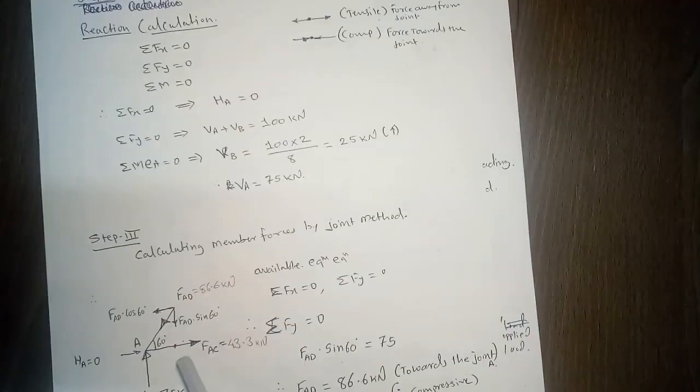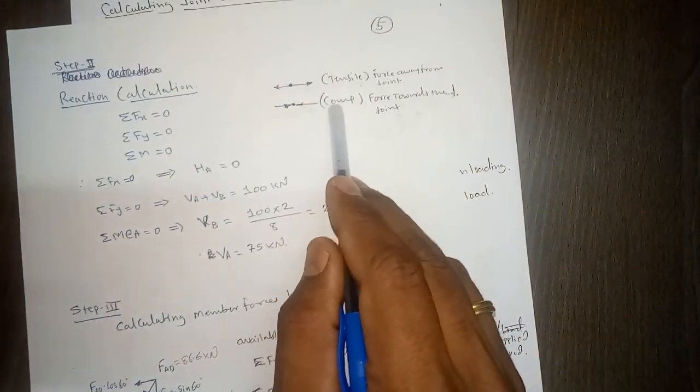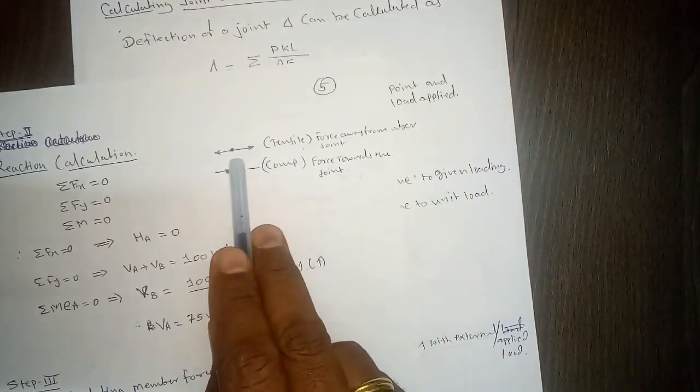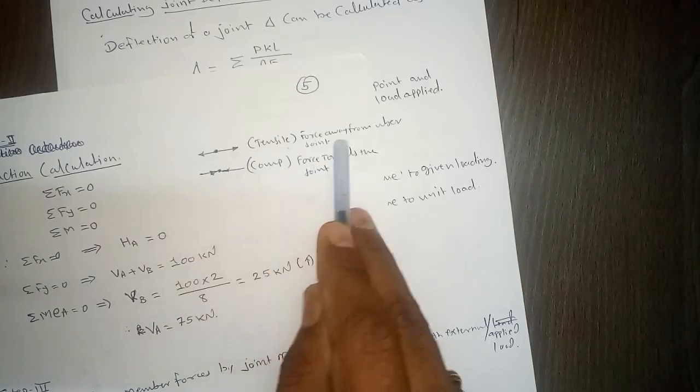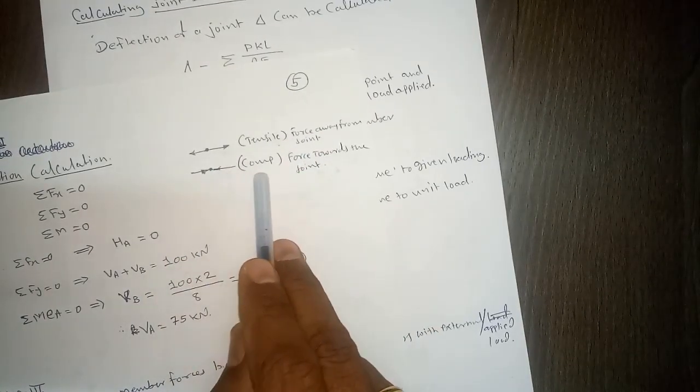Again, the most important point here is, if I am showing the force away from the joint, this is joint A, and if the direction of force is away from the joint, then we consider that as a tensile force, whereas if it is towards the joint, then we consider this as a compressive force. That is what I have mentioned here. If the force is away from the joint, then it is tensile force. If it is towards the joint, then it is compressive force, right?